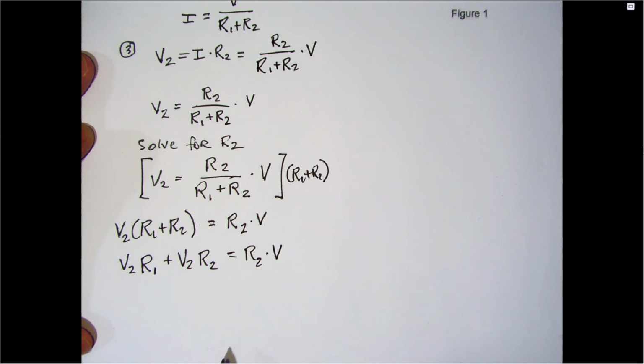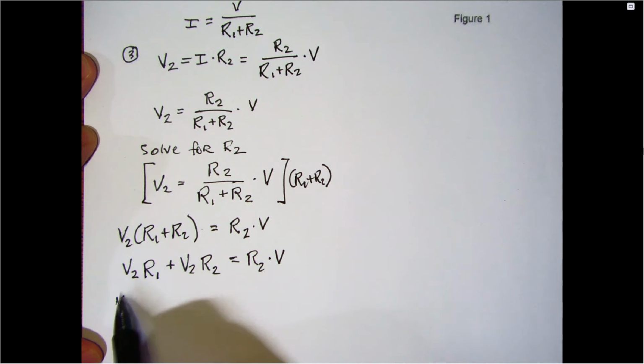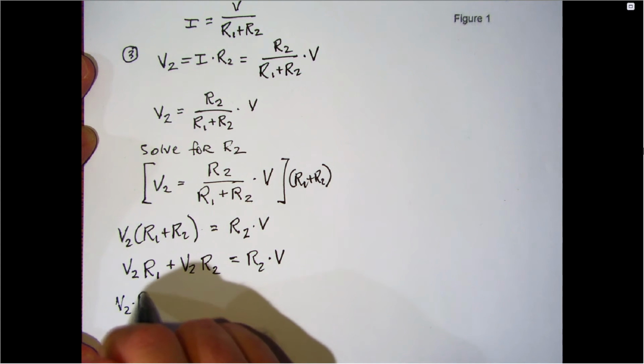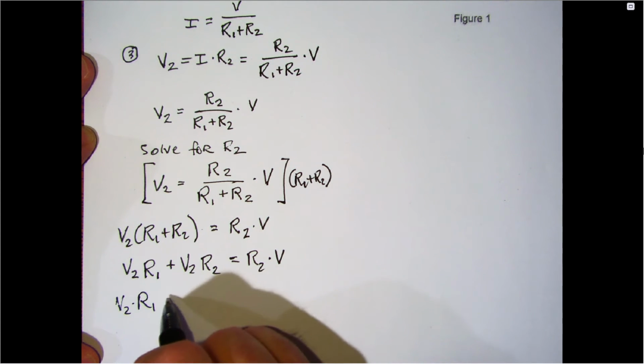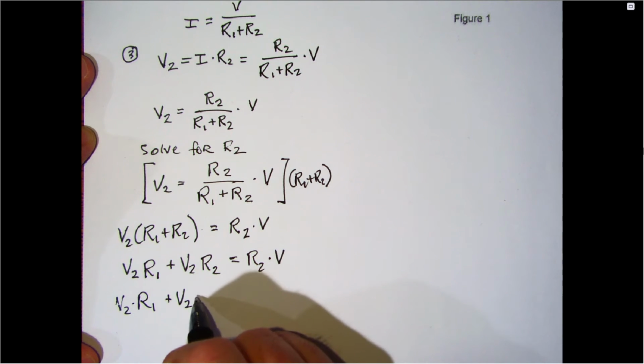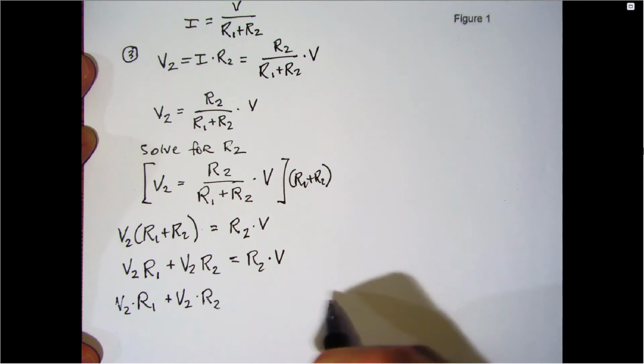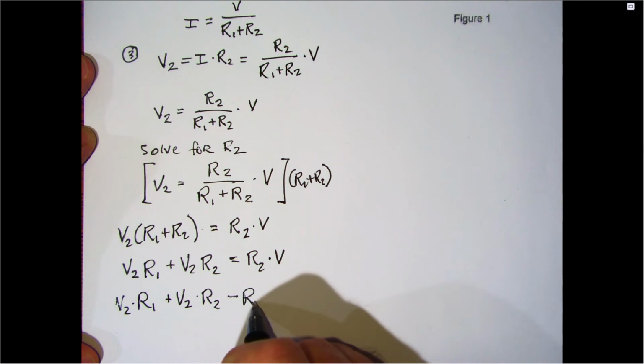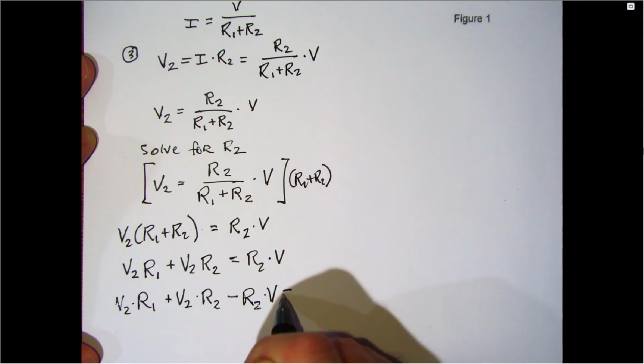I'm going to subtract R2 times V from both sides, and so I'm going to get V2 times R1, that term doesn't change, plus V2 times R2 minus R2 times V is equal to 0.